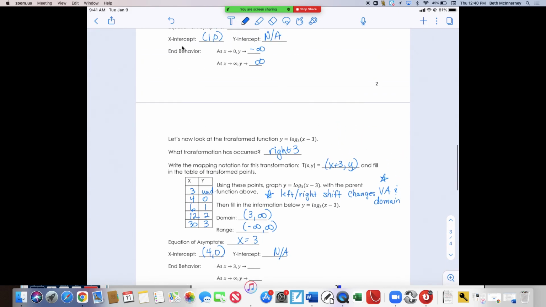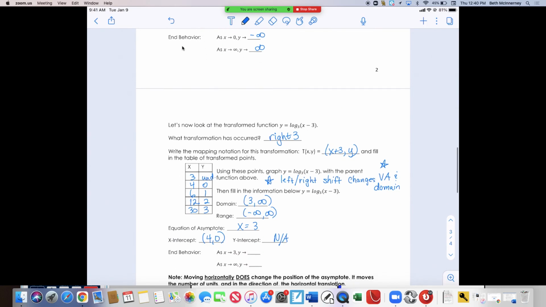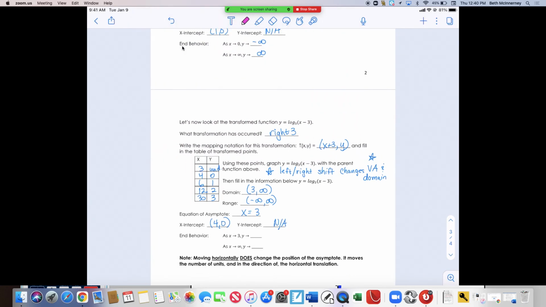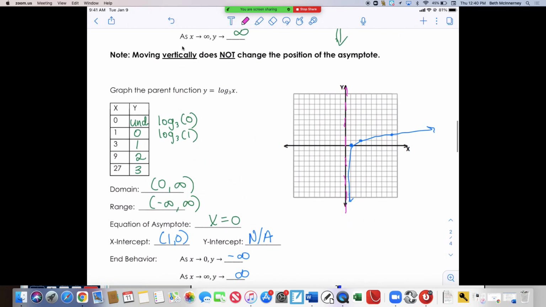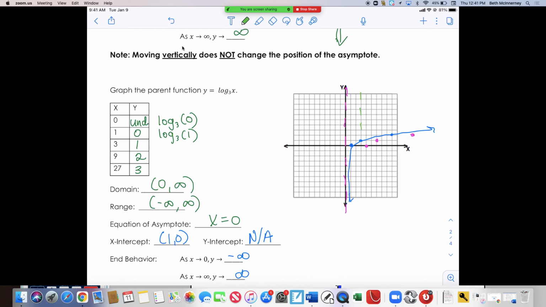So let's go back up to our graph, and let's plot this one. I'll come back to this in case you still need it. But let me plot some of these. This was 4, 0. I had 6, 1. And let's say 12, 2 is a little bit off. I have a vertical asymptote now of x equals 3.